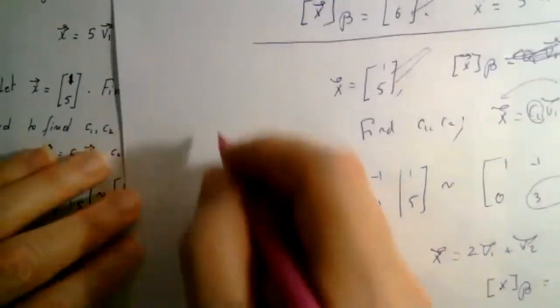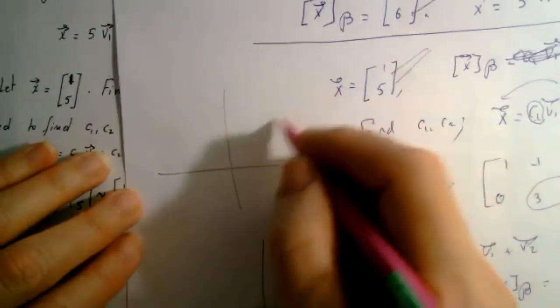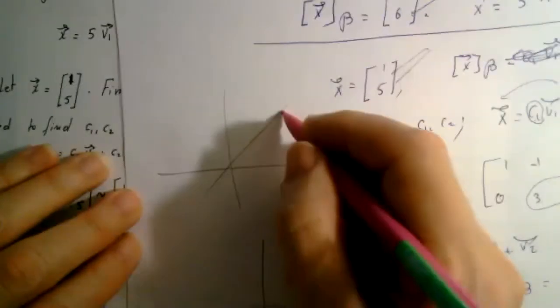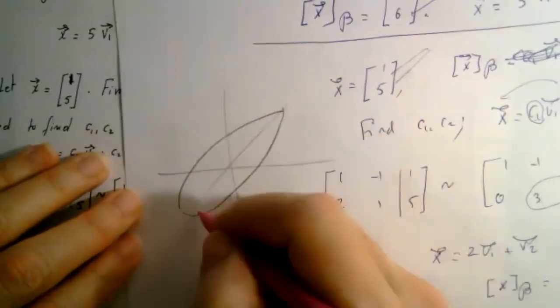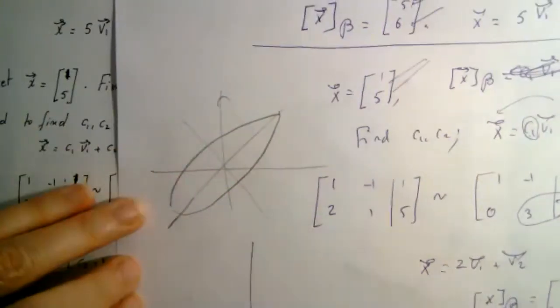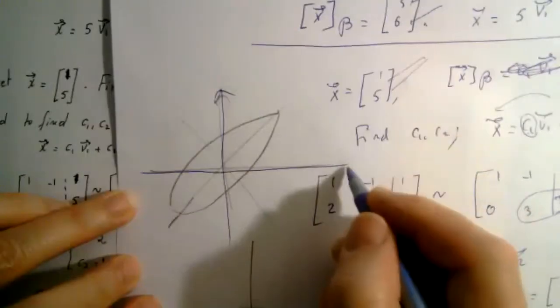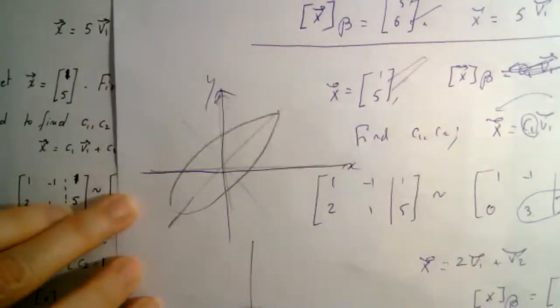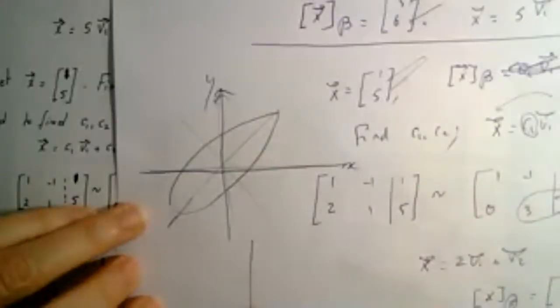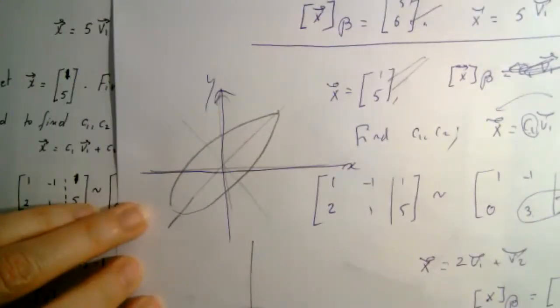Now, suppose my ellipse doesn't look like that. My ellipse looks something like this. That's my ellipse. Now, in this scenario, if I use the regular coordinate system, the equation of the ellipse is actually fairly complicated.